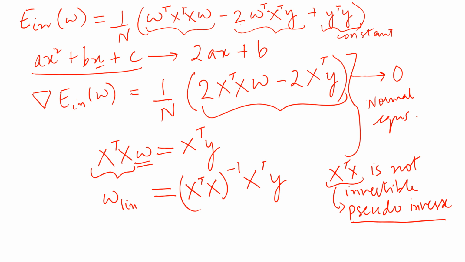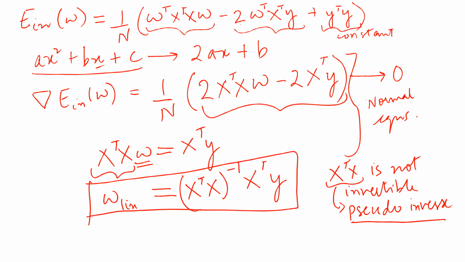So eventually for regression, we have an exact formula to get the optimal weight, and that exact formula is given by this. Although we derived the gradient of E_in in this lecture, eventually we will come up with something that looks like this.